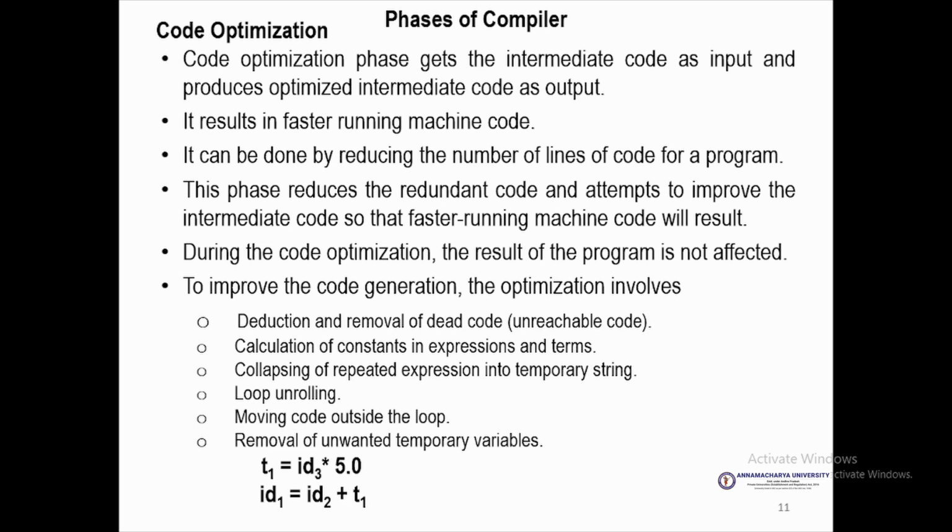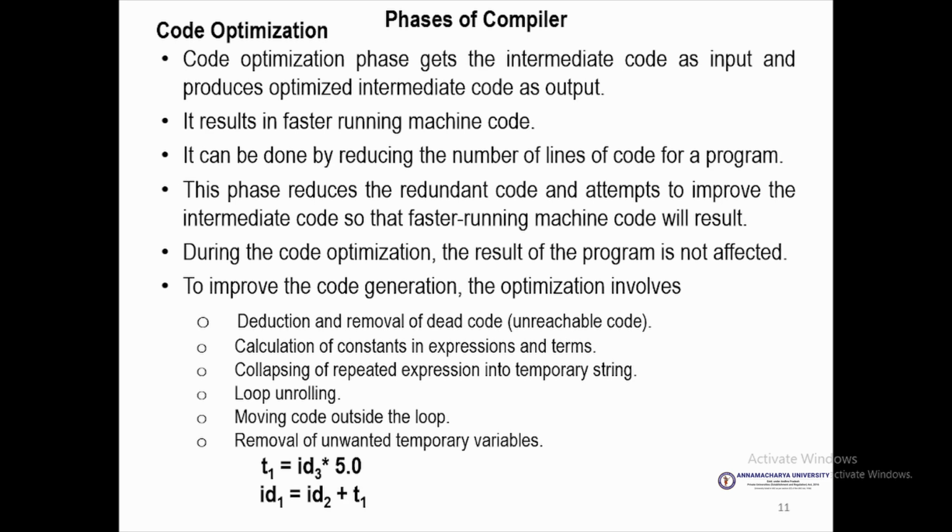During code optimization, the result of the program is not affected. To improve the code generation, the optimization involves a variety of techniques, like removal of dead code, that is, unreachable code, which is removed. Calculation of constants in expressions and terms is another optimization.